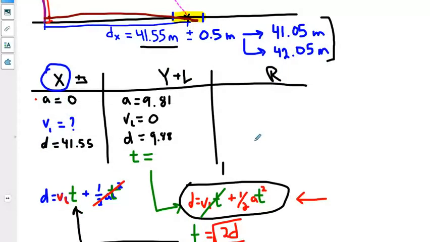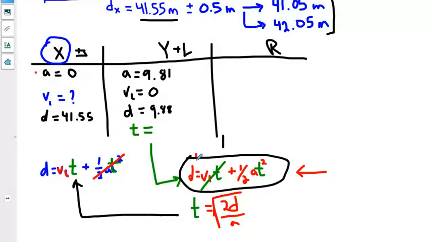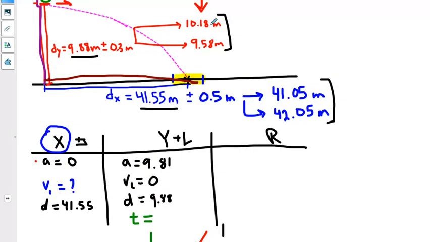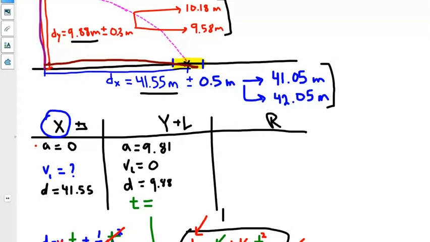Just come over to this equation, and right here where it says D, you're going to do it once with 10.18, and then another time with 9.58. So you will have done this equation right here 3 total times. One time with 9.88 that you've already done, a second time with 10.18, and a third time with 9.58.